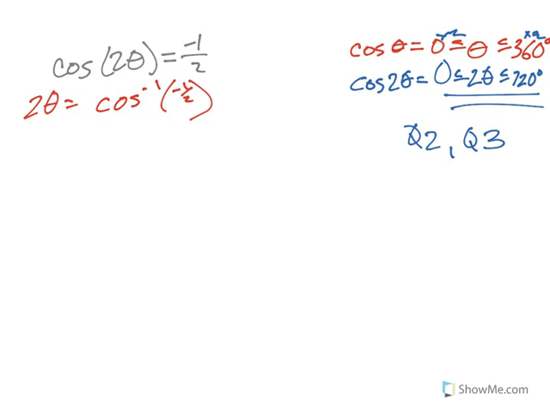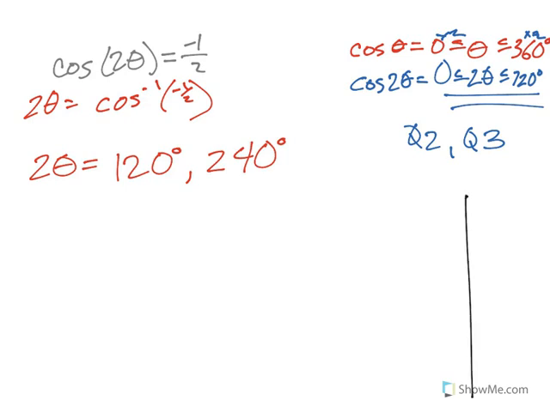We don't need to do that because we know that the cosine is -1/2 at 120 degrees and at 240 degrees. Think about your coordinate plane. We've got 120 and we've got 240, right? So this one's 120, this one is 240. But that's only in one rotation. Remember, we're going to 720 because of this.